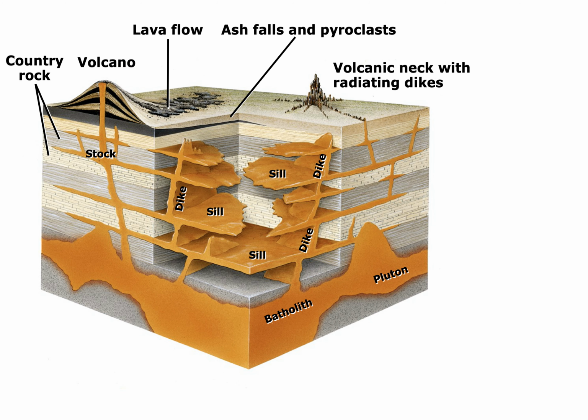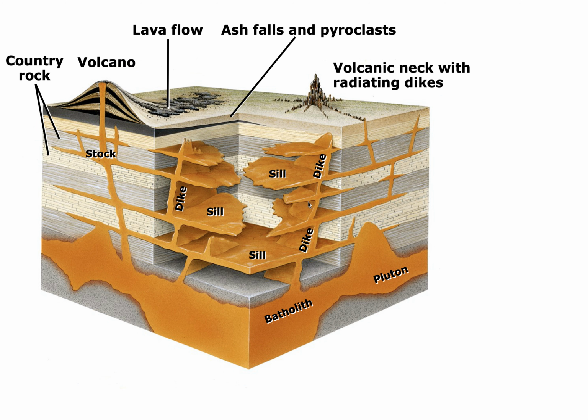On the left hand we have the country rock. Then we have a volcano, and the volcano is an extrusive body. Then we have some stocks. We have a dike here. We have a sill here, another sill, and another sill.